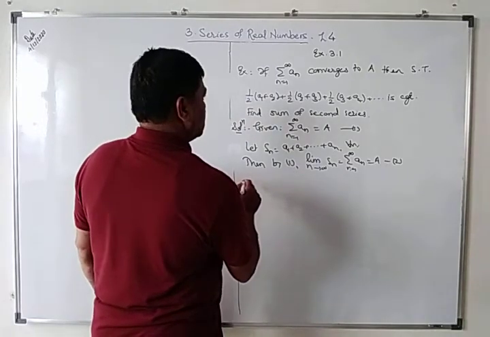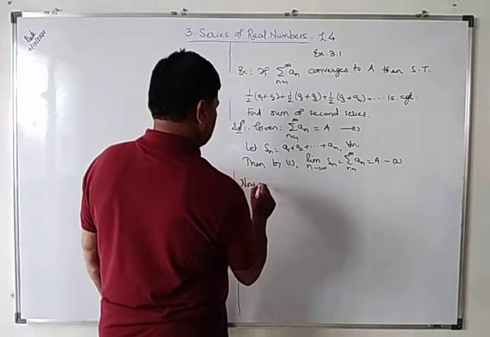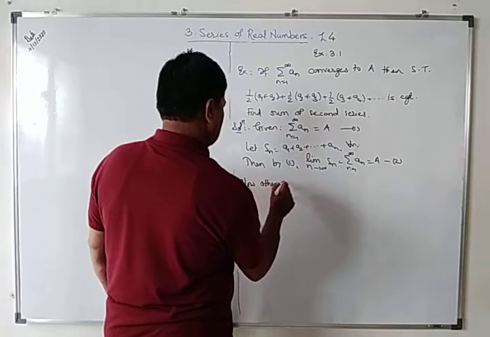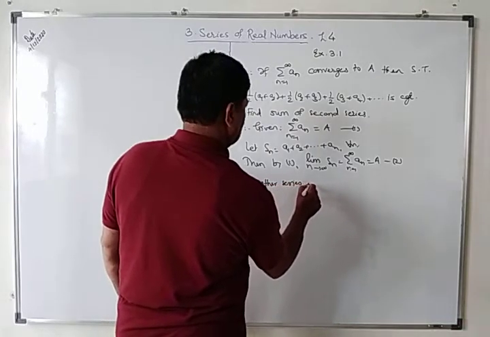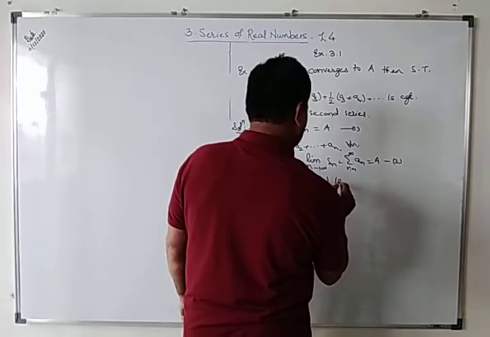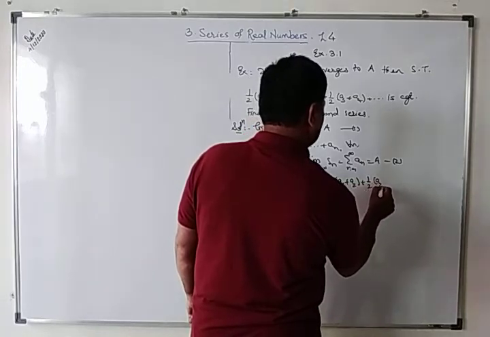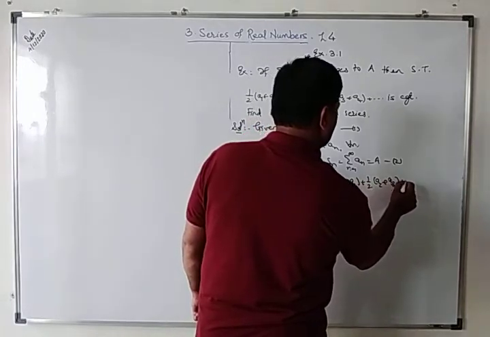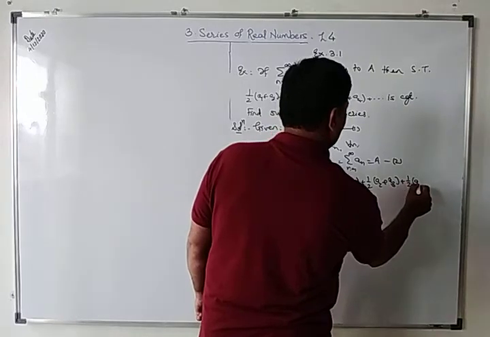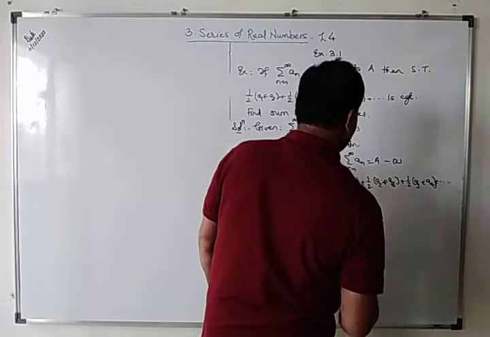Now the other series is 1/2 (a1 plus a2) plus 1/2 (a2 plus a3) plus 1/2 (a3 plus a4) and so on.